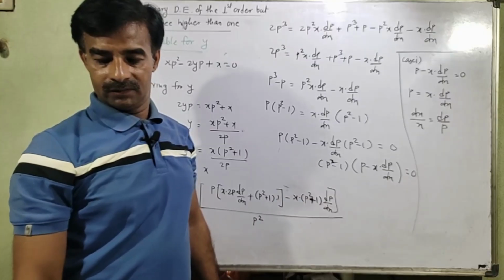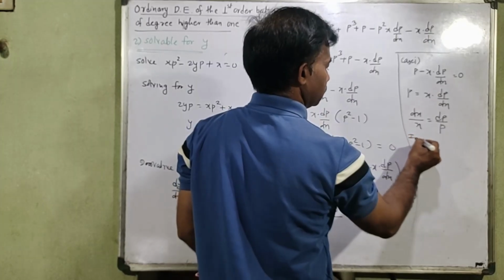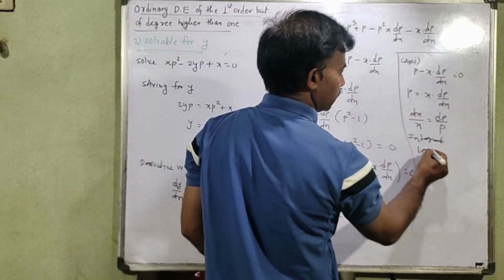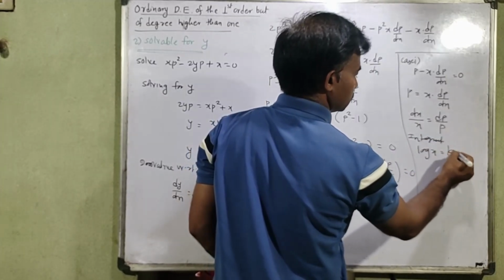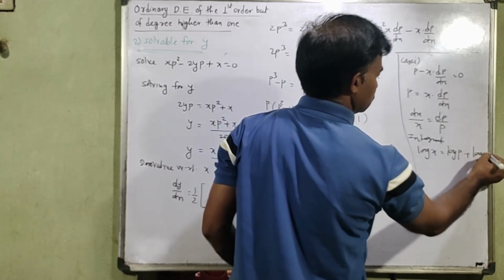Taking the integration on both sides, the integration of this is log x, the integration of this is log p, and I am taking log c here.